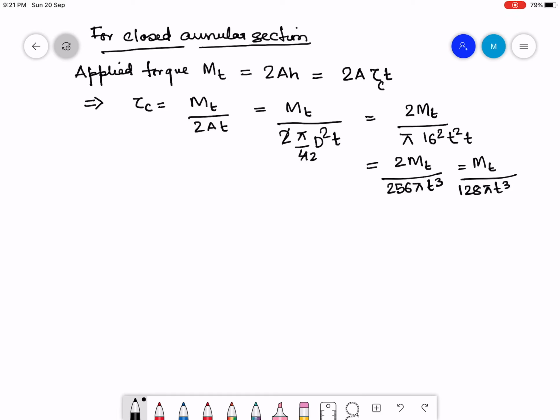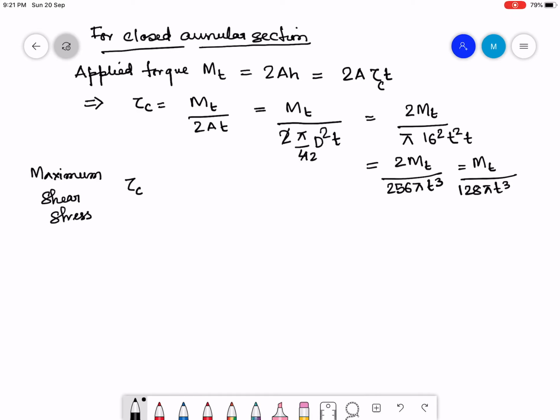So my tau c, maximum shear stress, is going to be tau c. Though we are calling it a maximum shear stress, you should realize that this is the single value of the shear stress.